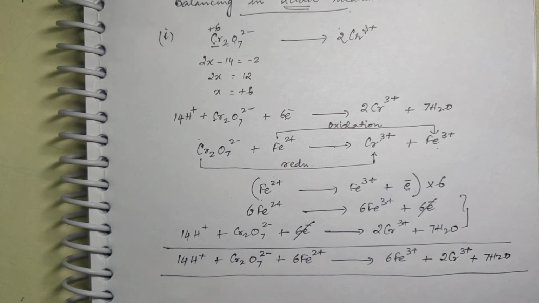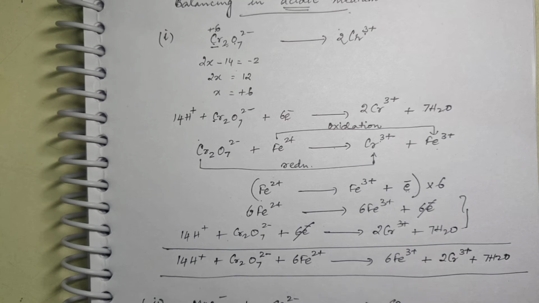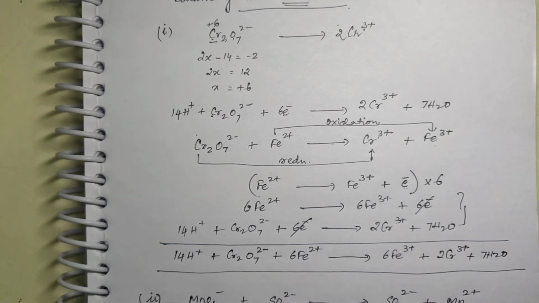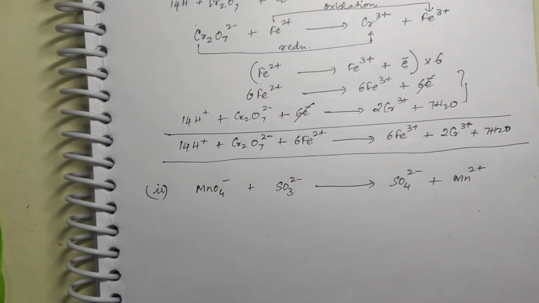Now let me take one more. Say you have MnO4- plus SO3 2-, giving you SO4 2- plus Mn2+. Say this is the equation.